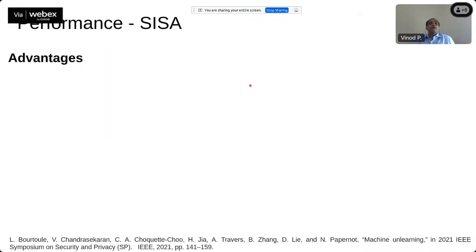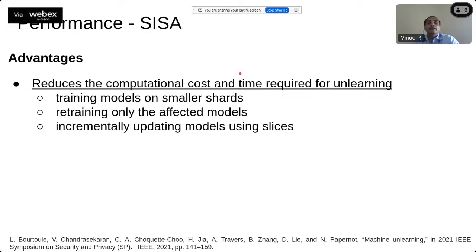Let us look at the performance of SISA in terms of advantages and disadvantages. The advantage is that it reduces the computational cost and the time required for unlearning, because the training happens only on a specific submodel where the data point is a participant of a shard. So we don't retrain the model from scratch.